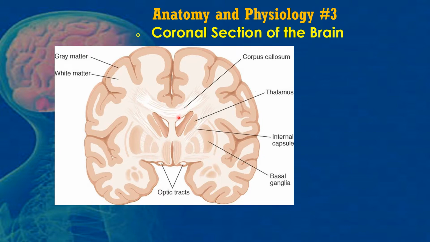Deep in the brain lie additional clusters of gray matter. This includes the basal ganglia, which affect movement, and the hypothalamus and the thalamus, which are the structures in the diencephalon. The thalamus processes sensory impulses and relays them to the cerebral cortex.